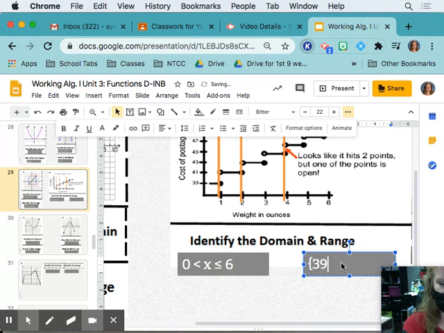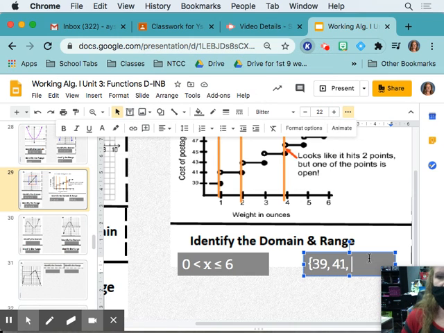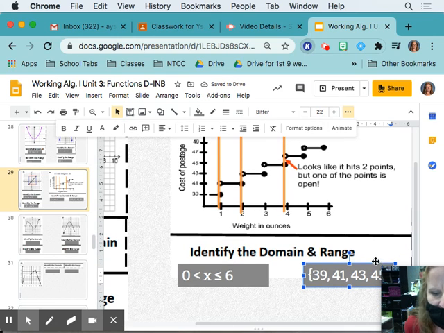So it'd be 39, 41, and then 43, 45, and then what's the highest? 47 and 49.